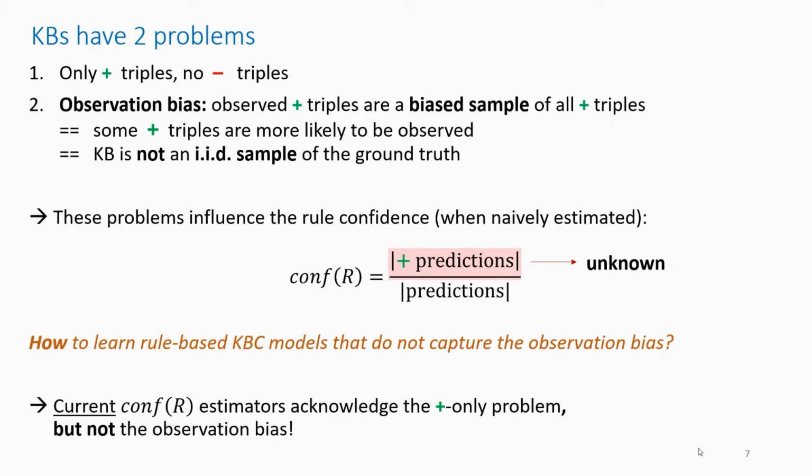So the question that we are interested in is, how can we learn rule-based knowledge base completion models that do not capture the observation bias? Well, current estimators of the rule confidence acknowledge the first problem of having only positive triples available, but they don't acknowledge the second problem of the observation bias. So let's first have a look at how current confidence estimators acknowledge the positive-only problem.